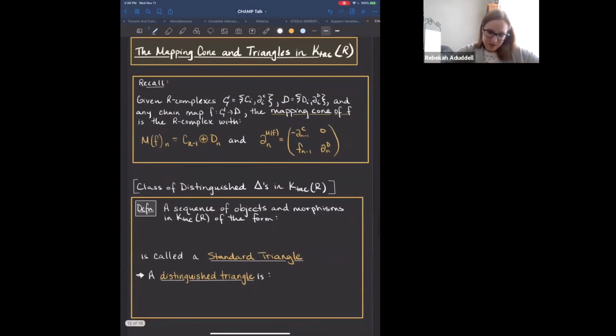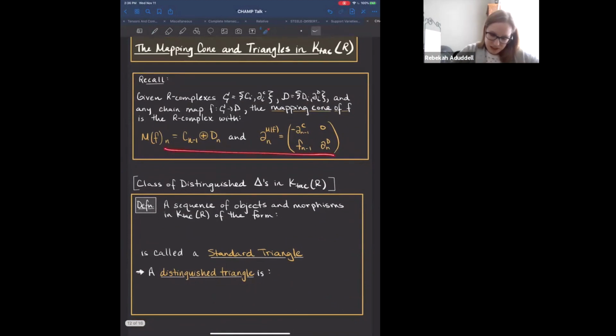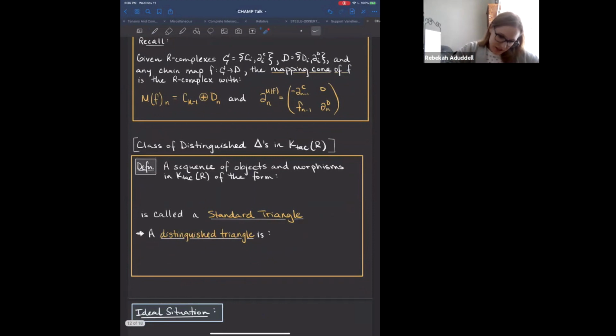I just have the definition of the mapping cone up here in case anyone needs to be reminded of what each R-module looks like and each differential looks like. But basically, the mapping cones help us define the class of distinguished triangles in KTAC. A distinguished triangle is a sequence of objects and morphisms of the form, and I'm giving this specifically in KTAC. It obviously generalizes to any triangulated category.